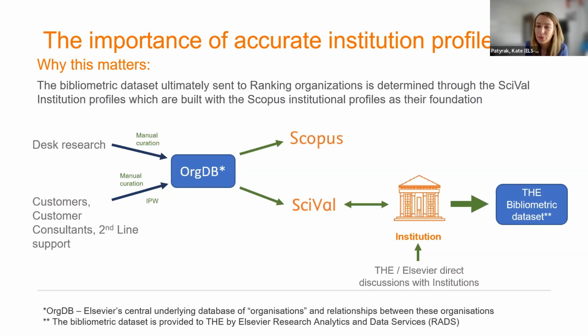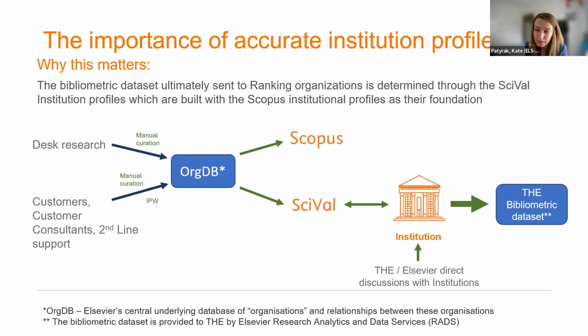Scopus and SciVal are now working together with OGDB, a central underlying database of organizations and relationships between these organizations, to create institutions. This results in Scopus and SciVal institutions always being aligned with the full hierarchy or a subset of the hierarchy found in OGDB.